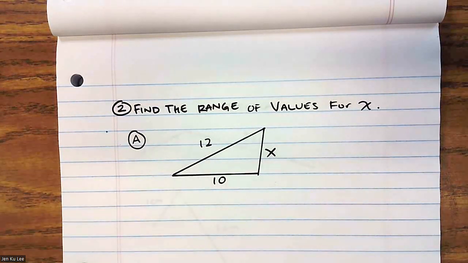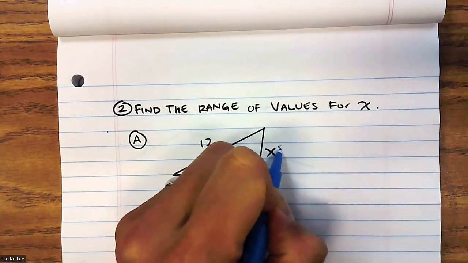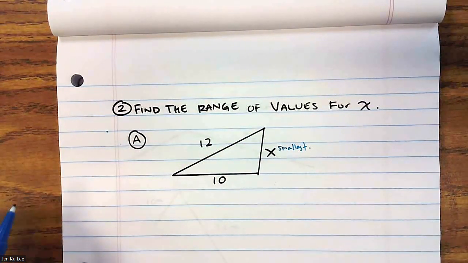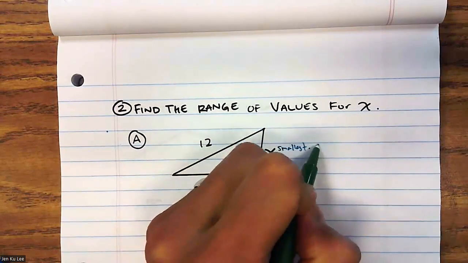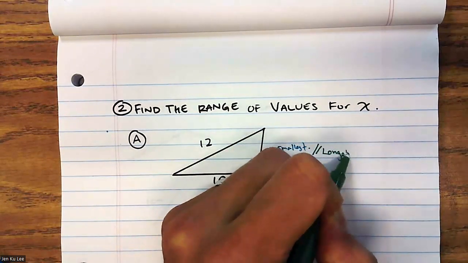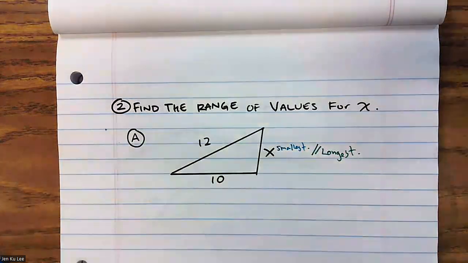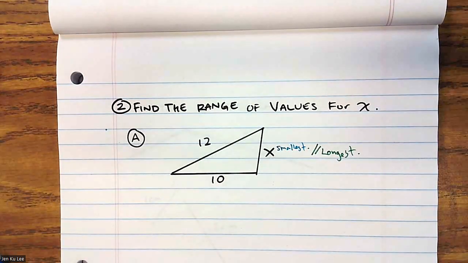If I use the triangle inequality theorem again, the range is determined by x being either the smallest side or the longest side. You don't have to think about the middle side, because if you get the smallest and the longest, then if x was the middle side, it would be within that range.